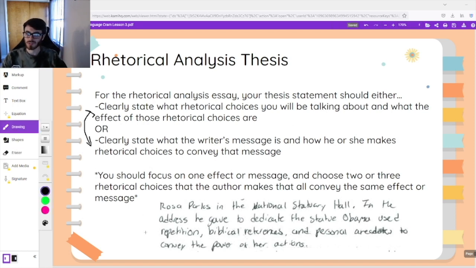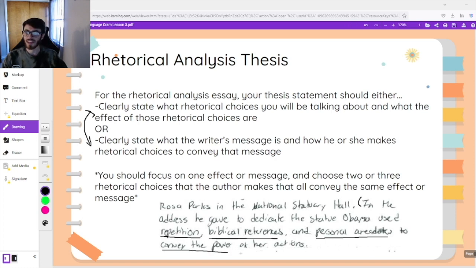If we look at this example down here, we can see a really strong thesis statement. It starts here. In the address he gave to dedicate the statue, Obama used repetition, biblical references, and personal anecdotes to convey the power of her actions. So we have repetition, biblical references, and personal anecdotes. Those are the 3 rhetorical choices that this student is going to be writing about in his or her essay.